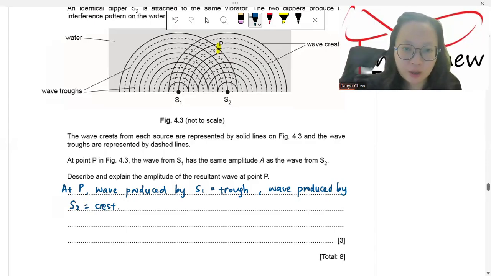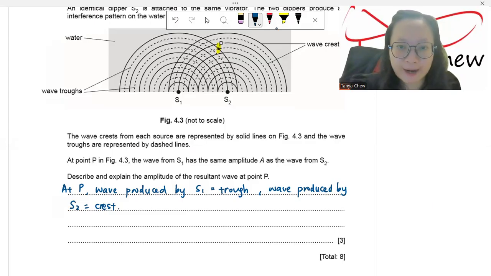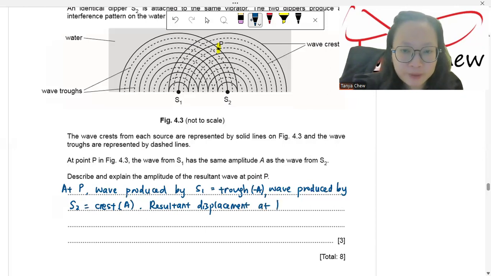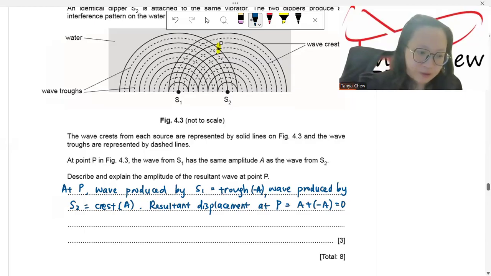Now, which wave trough do you put it as? Give me a while. This one I erase it. Wave trough, because they say they're of same amplitude, so I put negative A. And then wave crest, I put it as A. So the resultant displacement or amplitude at P is equal to A plus negative A, which is equal to 0.